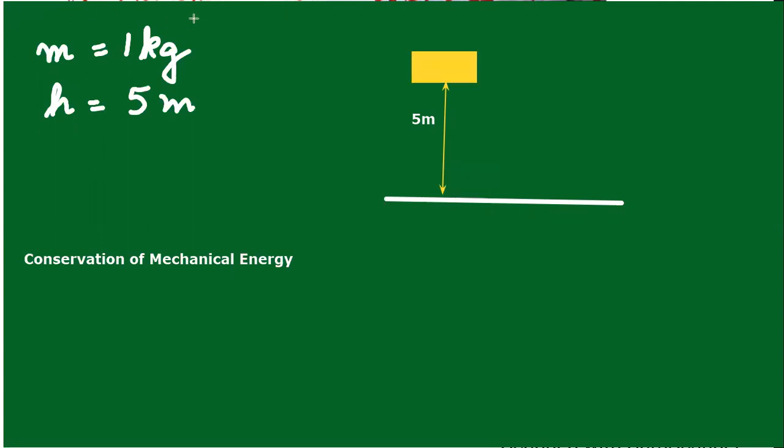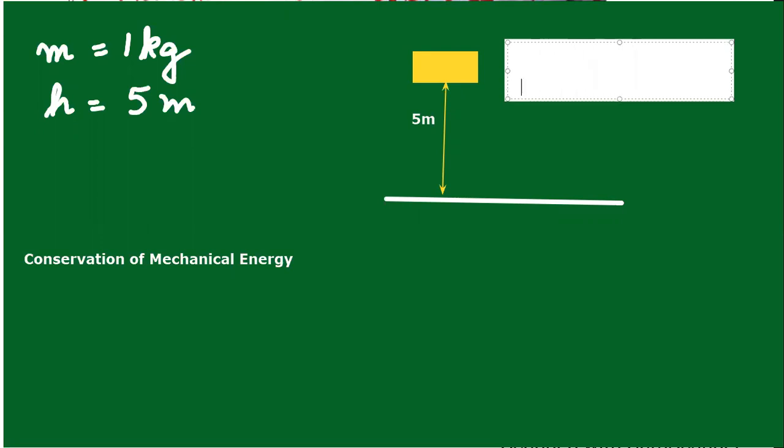When the object is coming down, when it is falling down, its potential energy starts decreasing and kinetic energy starts increasing. Actually, students, here at the top, you will have maximum potential energy, while your kinetic energy at the highest point is 0.